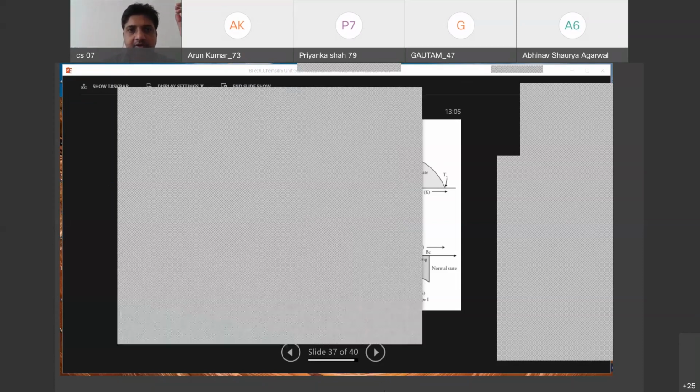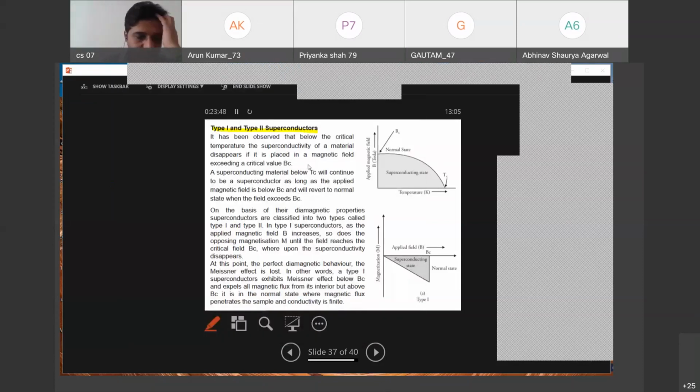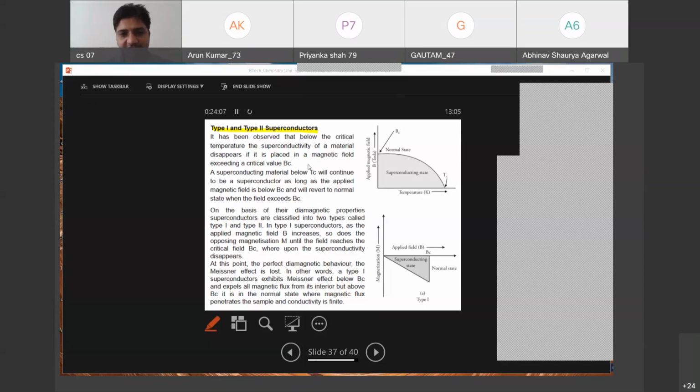Okay. In the last few slides, what we have discussed is that when we keep a superconducting material below its critical temperature, under that situation it behaves like a superconductor.